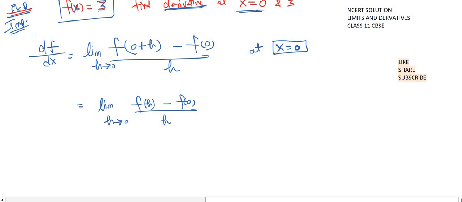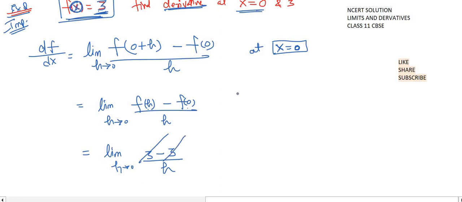No matter whether it is f of 1 or f of 2 or f of 3 or f of 4, f of x is constant 3. So the value of the function anywhere is 3 only. At 0 also it is 3 only, correct? It's a constant function, so no matter what x is, the function value is 3 only. 3 and 3 cancel.